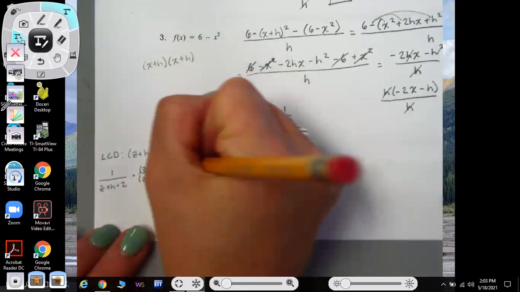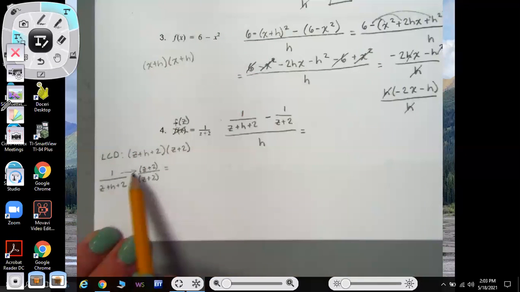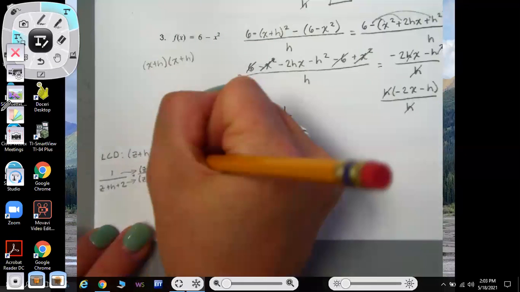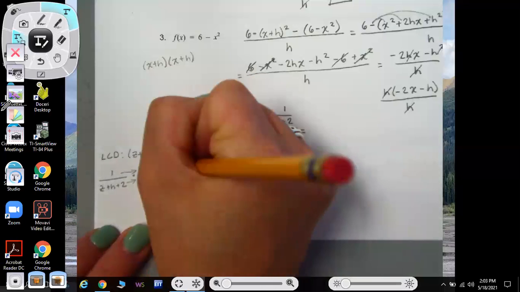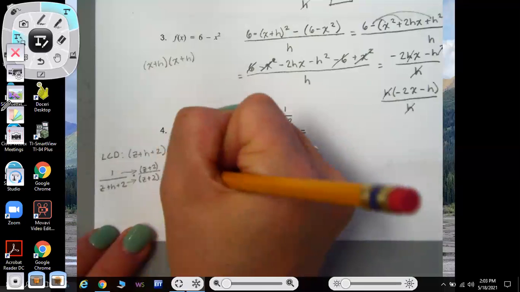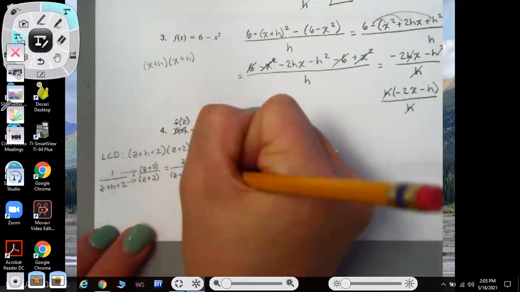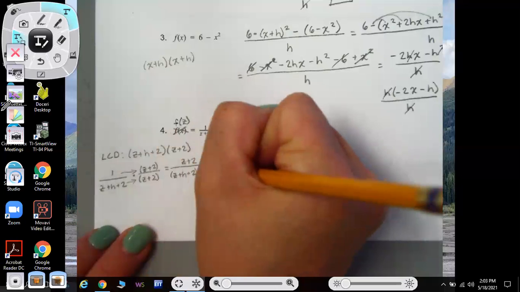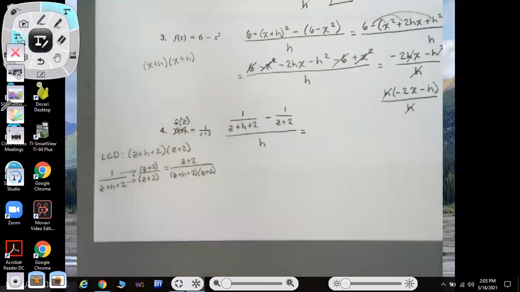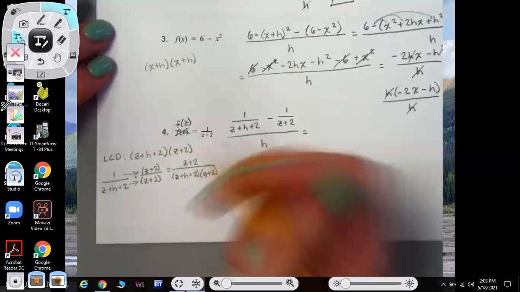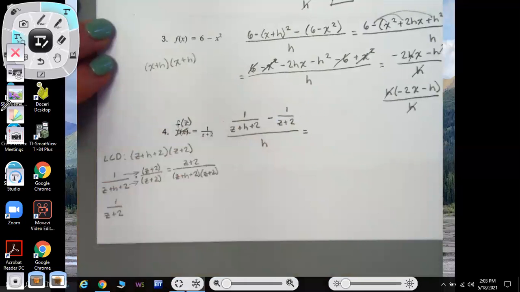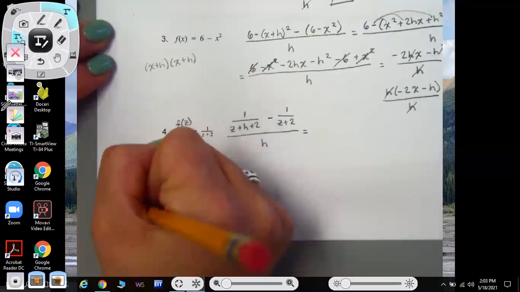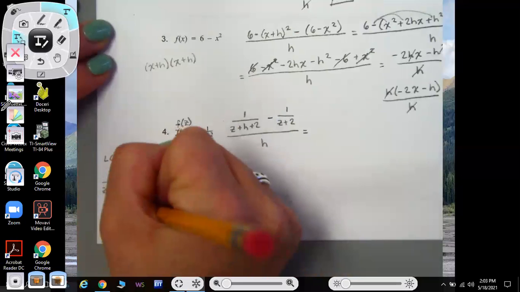We are just changing the way that it looks. When you multiply fractions, you just multiply straight across. 1 times z plus 2 is z plus 2. And now our denominator is z plus h plus 2 times z plus 2. Now for the second fraction, 1 over z plus 2, in order for this denominator to look like our least common denominator, we need to multiply by z plus h plus 2.